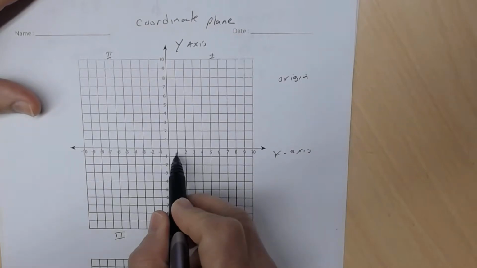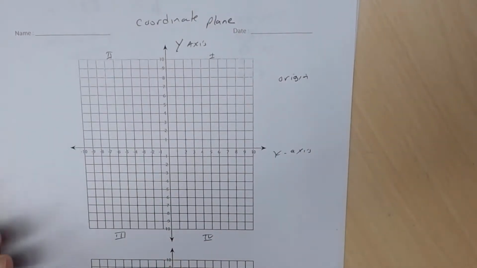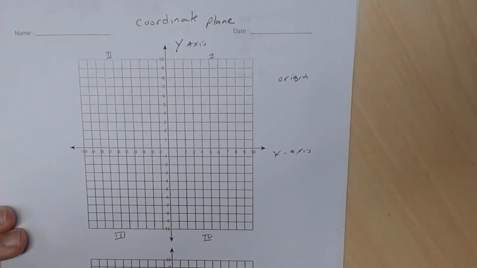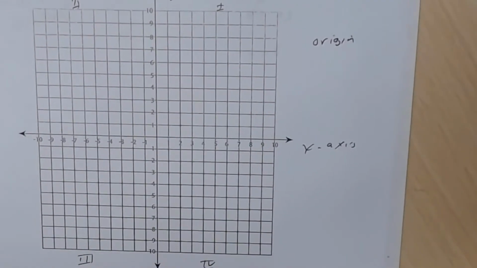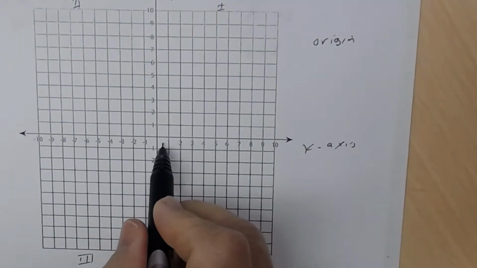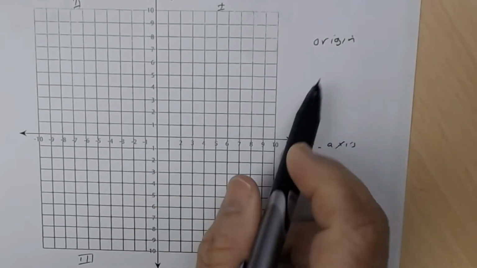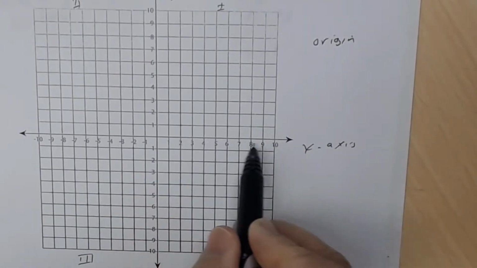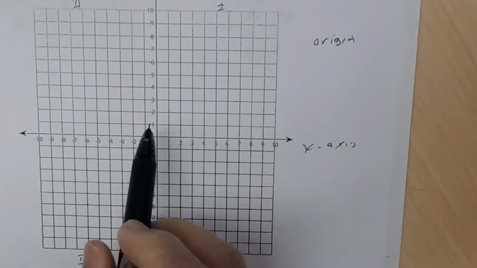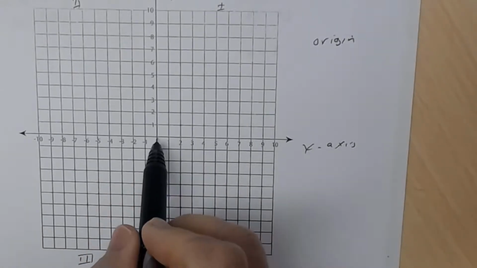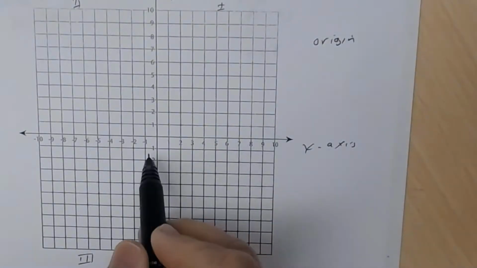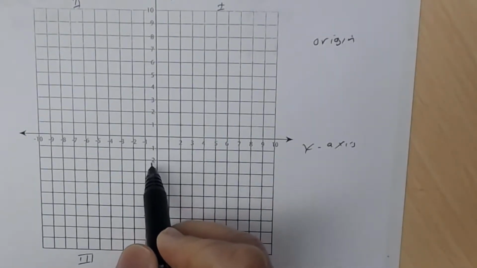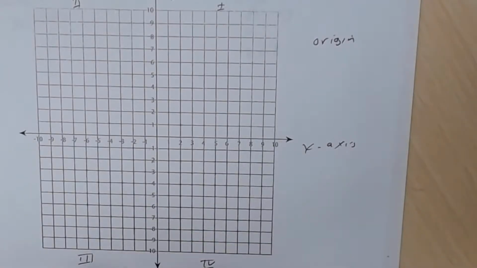To the right of the origin are positive numbers, to the left are negative numbers. When you go above the origin on the y-axis, those are positive. When you go below, those are negative. You can't see the negatives, but that's -1, -2, -3, and so on.